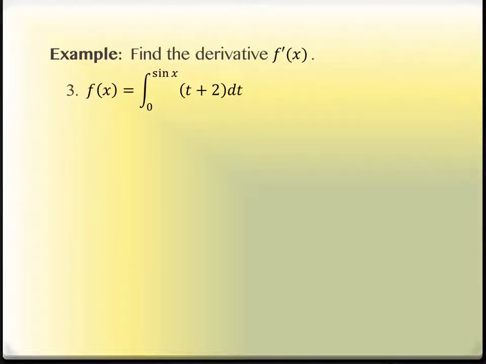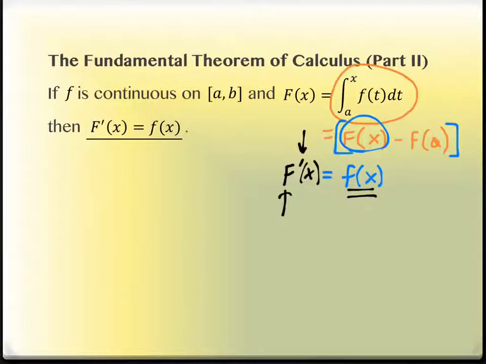And in practice, let me show you what that means. I'll do them in the order I've got them. All right, so here we have a function f of x, and it tells us that the integral goes from 0 to sine of x of t plus 2 dt. How notationally is this different than this?